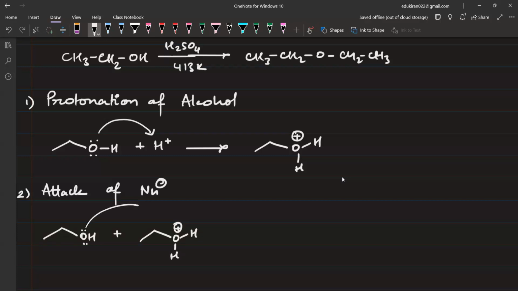Now this oxygen atom is attacking this carbon atom. This carbon then leaves the bond. And then here you will get two carbon atoms and oxygen. This oxygen is attacking this carbon atom, and it is further bonded to another carbon atom. So again, it is bonded to two carbon atoms. This oxygen already has a hydrogen atom like this. Now this oxygen has a positive charge.